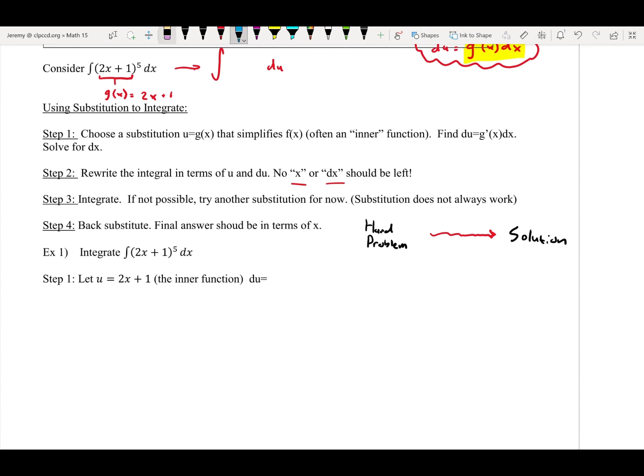What we're doing with this process of substitution is transforming the problem into an easier space, and then we have an easier solution.